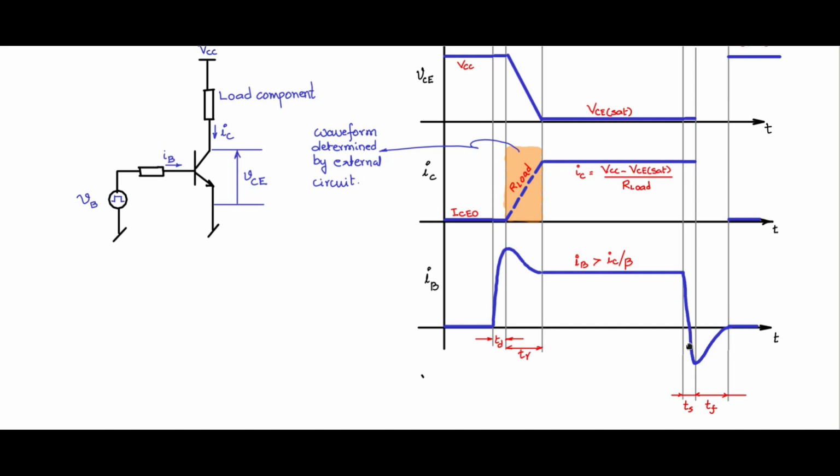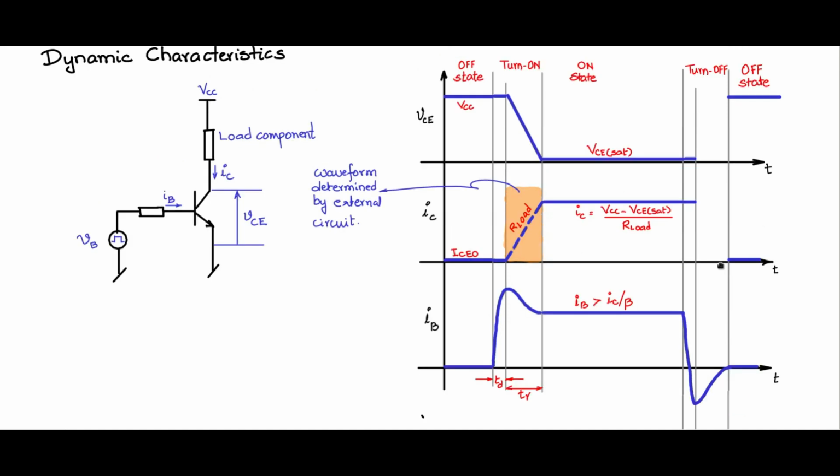So all this is happening with negative base current flowing. When you have removed the base stored charge, you will see that the current falls. So this is the fall time. And at the same time, the voltage will reach the off state value of VCC.